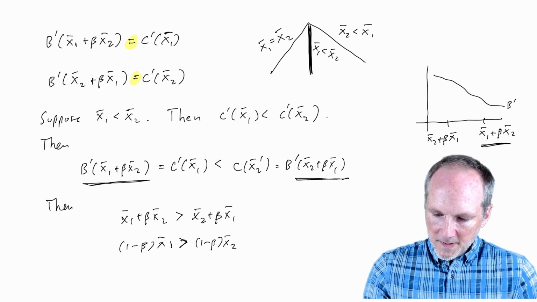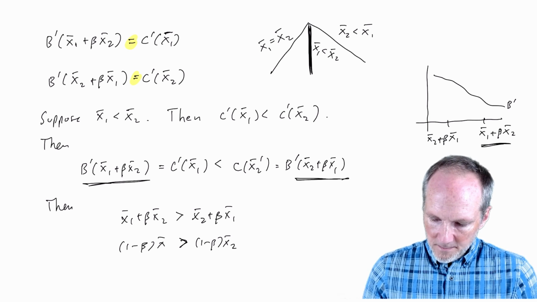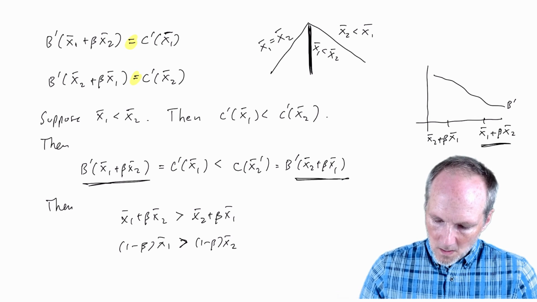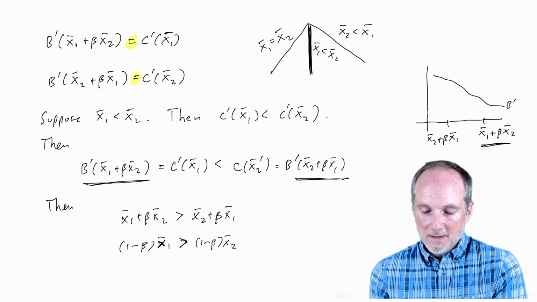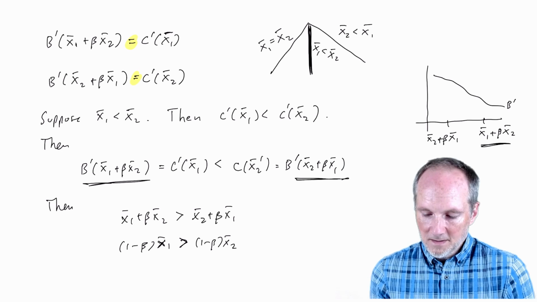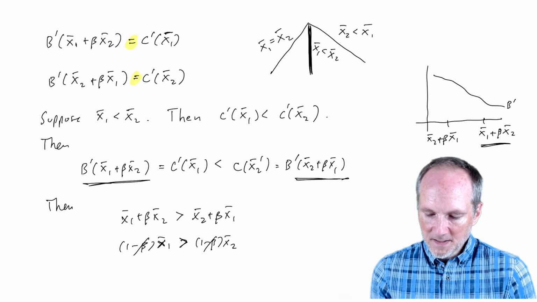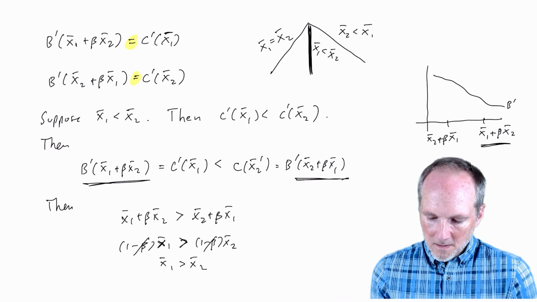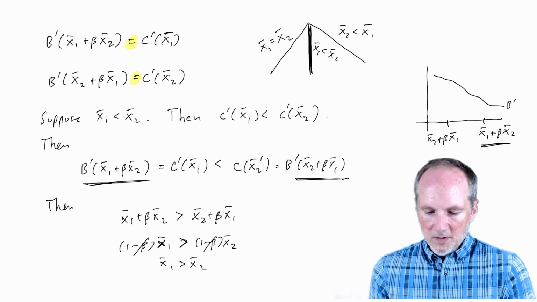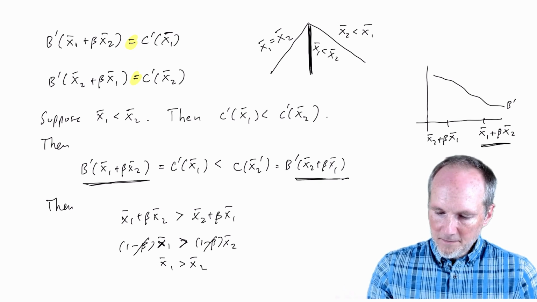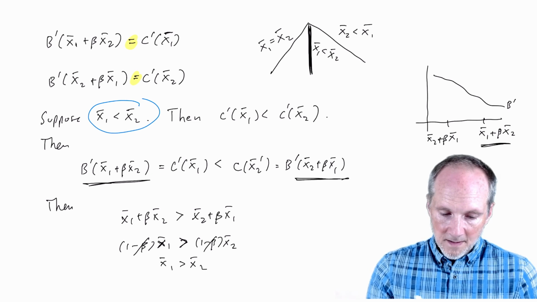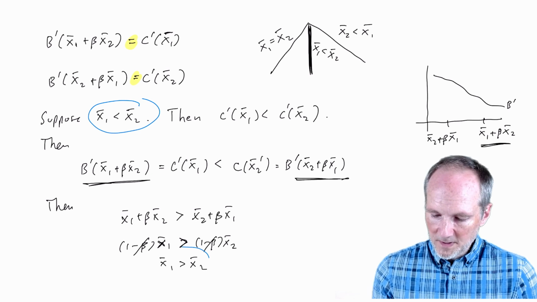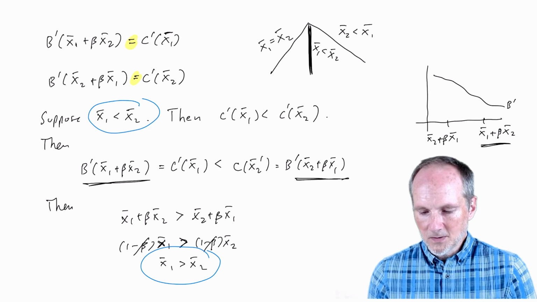But that doesn't look very much like a 1. But the key is if beta is less than 1, then we can divide through by 1 minus beta. But look, then we have, we suppose that 1's activity level is less than 2's, but we deduced that it's greater than 2's.